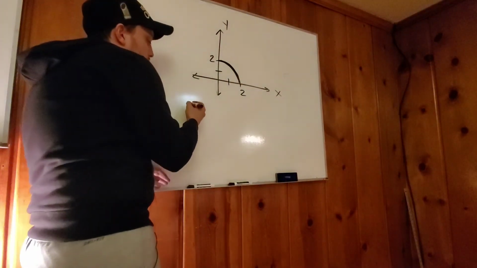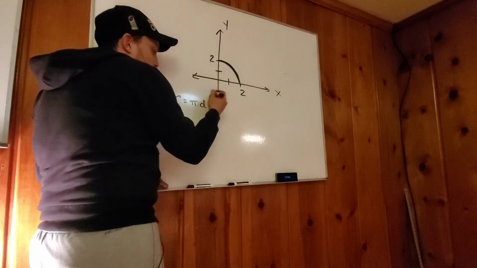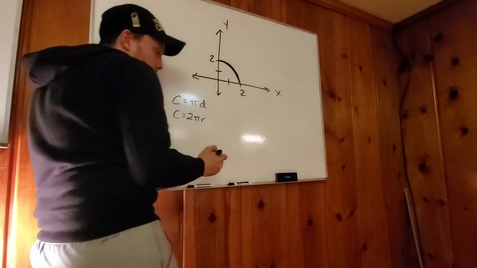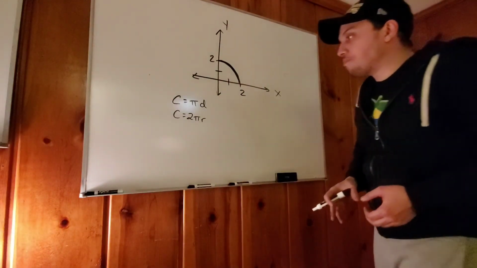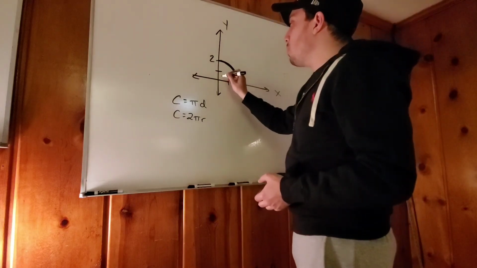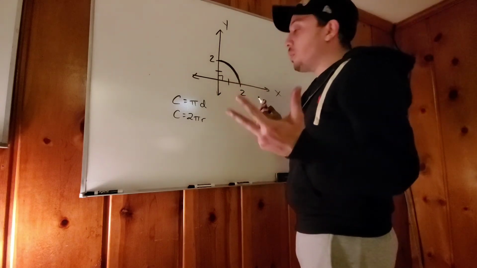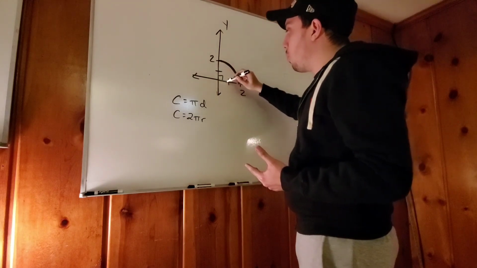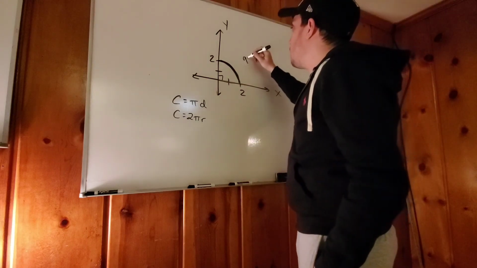So for the circumference, obviously you have to know circumference equals pi times diameter, or circumference also is 2 pi radius. Okay, so we're going to use the one with the radius because it makes more sense. But we also have to find the measurement of this angle. And lucky for us, it's going to be 90 degrees.